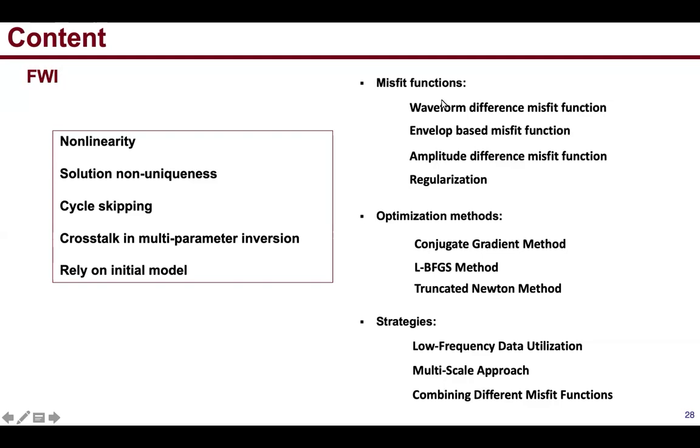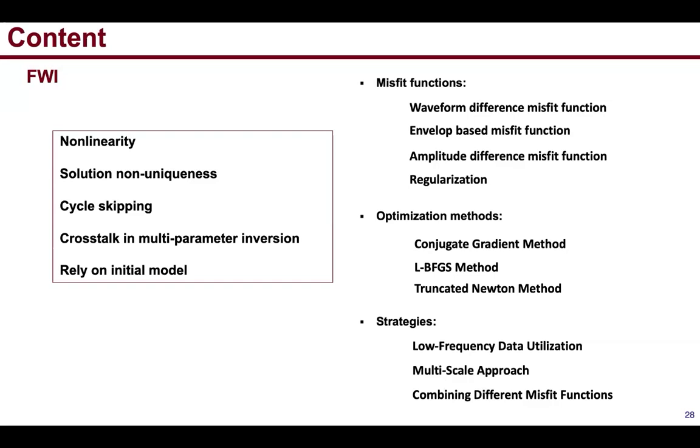For example, FWI is an inversion, so it's always a mapping from the data to our model. We could use different misfit functions to extract different information in our data to characterize our model. For example, we could use the most conventional waveform difference misfit function, or the envelope-based misfit function, or the amplitude difference misfit function.